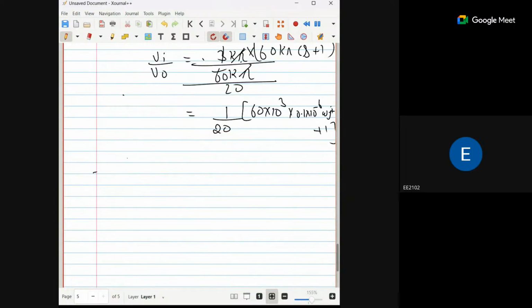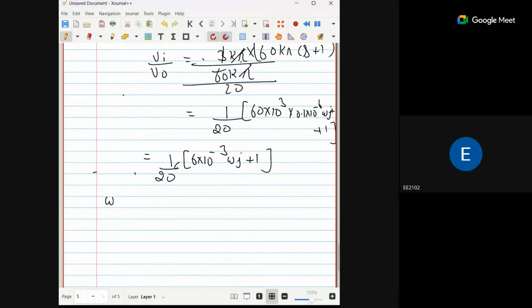So 60 into 10 to the power minus 7 into 10 to the power 4, so 6 into 10 to the power minus 3 into omega j plus 1.